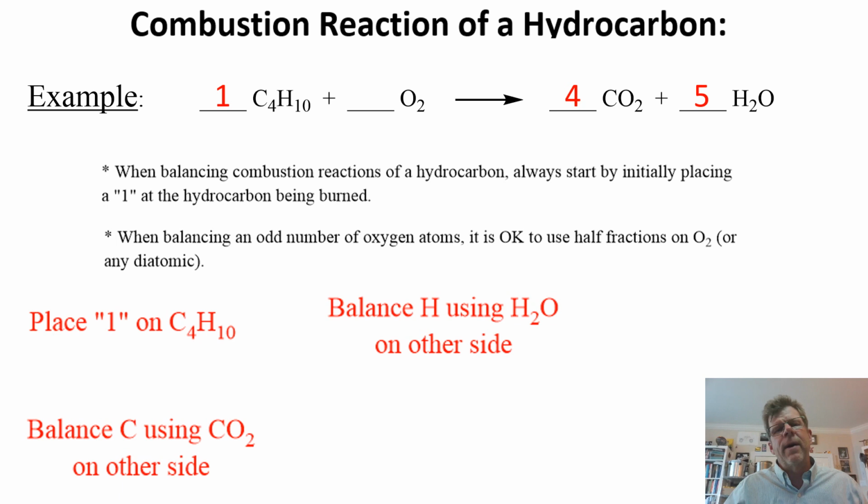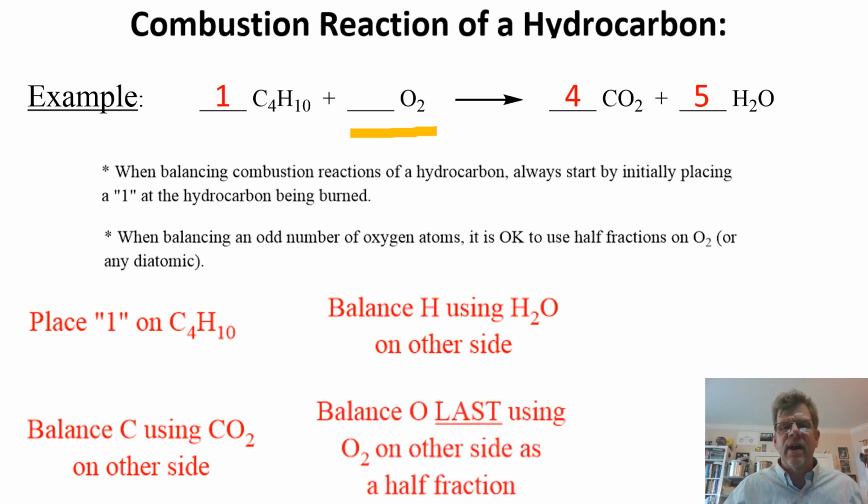We have to put a number in front of oxygen here. 13 oxygen atoms is what we need. The way we carry this out is we put that number 13 in there. So we're going to balance oxygen last as a half fraction. There's that 13.